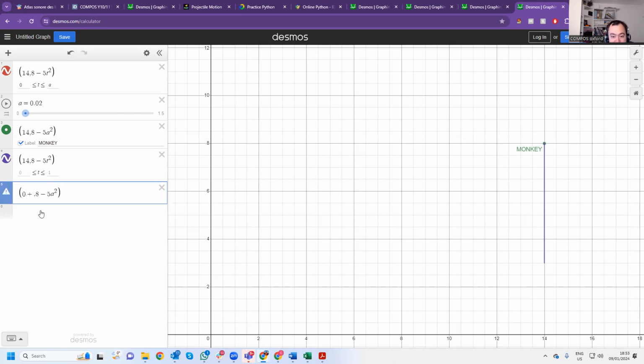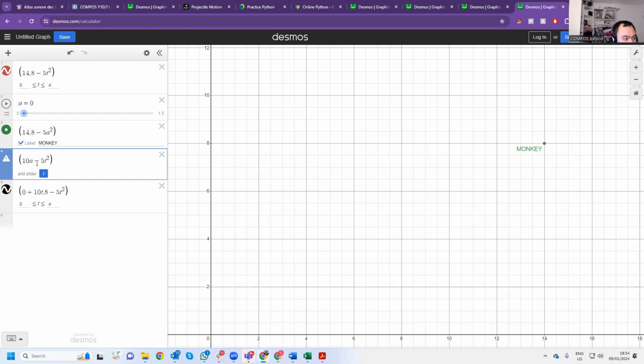And it's moving with, well, let's say 10 meters per second. 10 meters a second. 10t. Okay, here's the bullet, here's the monkey.